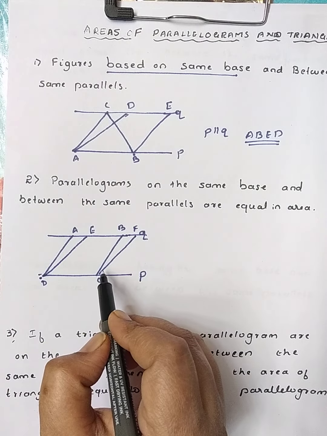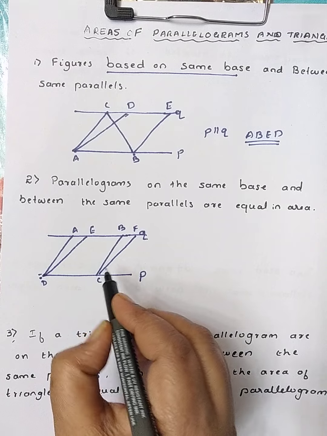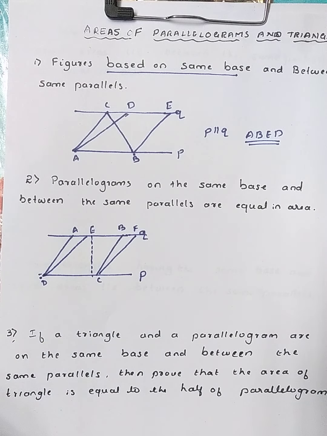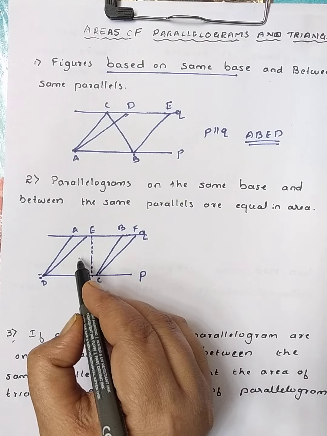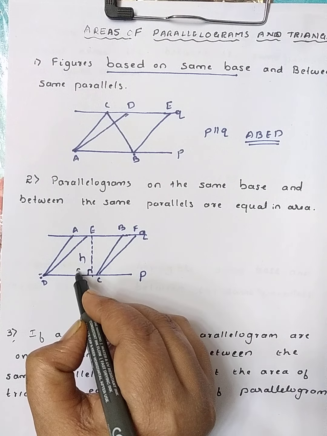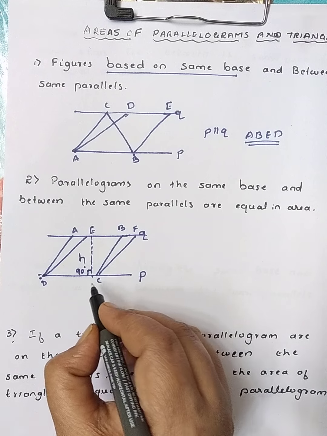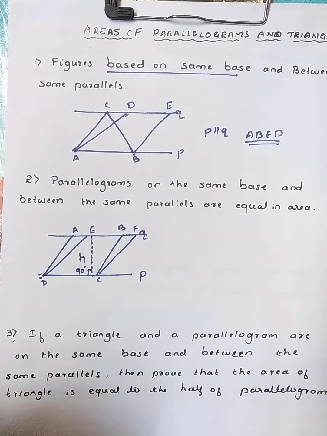These two parallelograms are standing on the same base CD and with the same height. This is the perpendicular height, that is, the line drawn between the two parallel lines becomes the height, which is perpendicular, meaning this should be 90 degrees. Then this is said to be the height. Suppose this is EL or EM, whatever you take. So this is the height here.